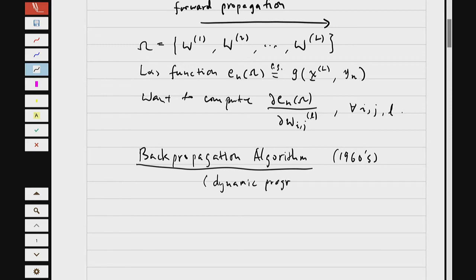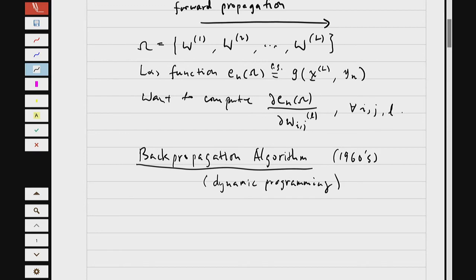So the idea is already known in the 1960s. But people did not really apply it to neural networks for a long time, until the neural networks became too large to handle, I guess.